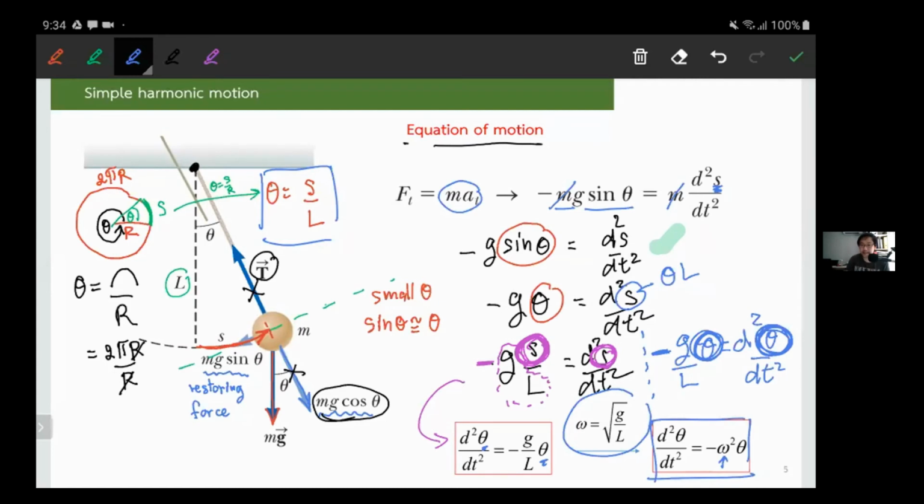That makes sense. When the length is tiny, things will go quickly. But if you extend that length out, the oscillation is a little bit slower. But as long as you keep the length fixed, you cannot change the omega. That's kind of neat.